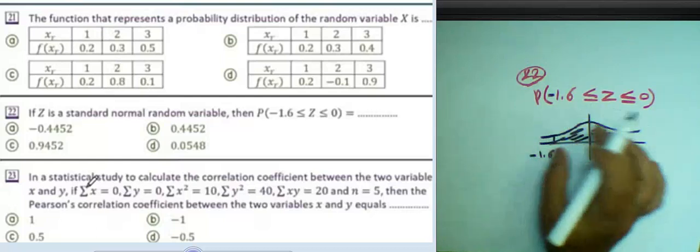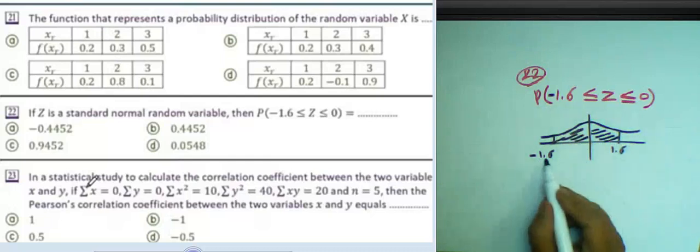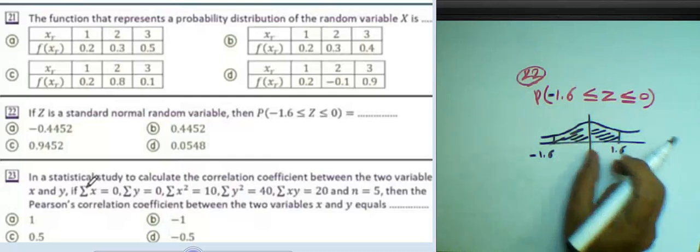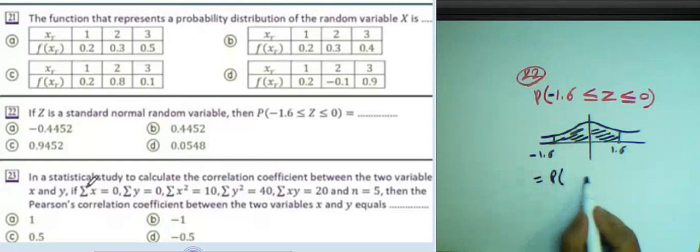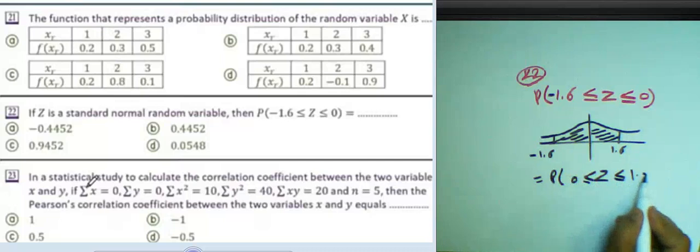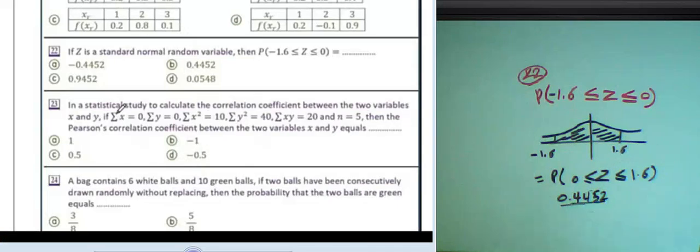The probability of the interval from negative 1.6 to 0 equals that from 0 to 1.6. The result will be the probability of Z greater than or equal to 0 and less than or equal to 1.6. Look at the table and find the area of this part, 1.6, it will be 0.4452. Choose letter B.